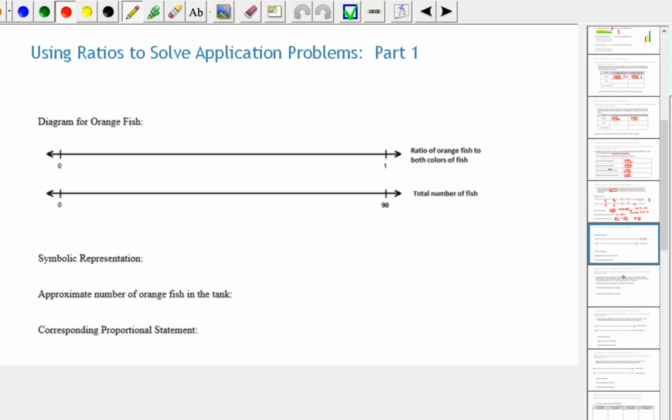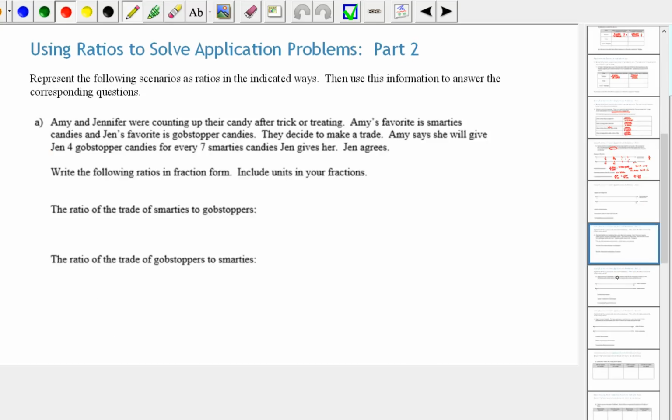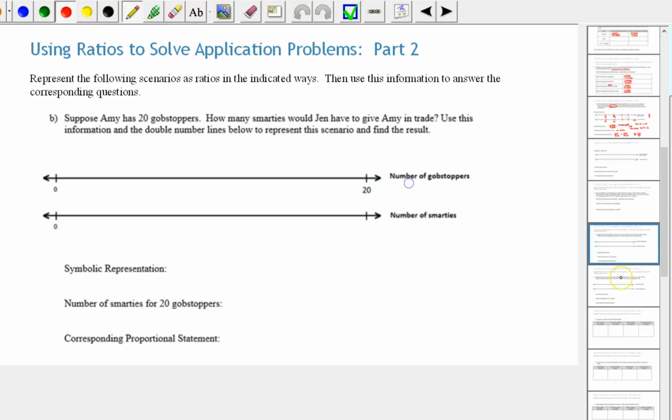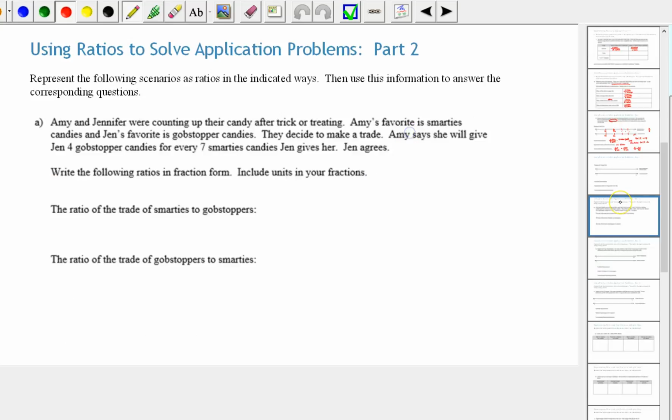Here we do the same thing with the orange fish. This is the same idea, except I think here we have part-to-part comparisons. So we have Smarties to Gobstoppers, so we don't look at the total when we're looking here. We're not looking at the total number of candies, we're just looking at the comparisons.